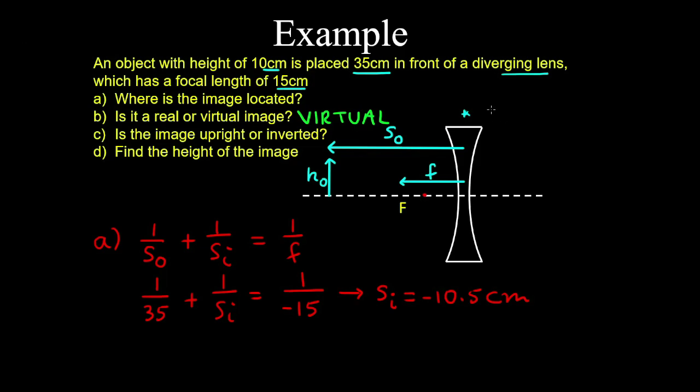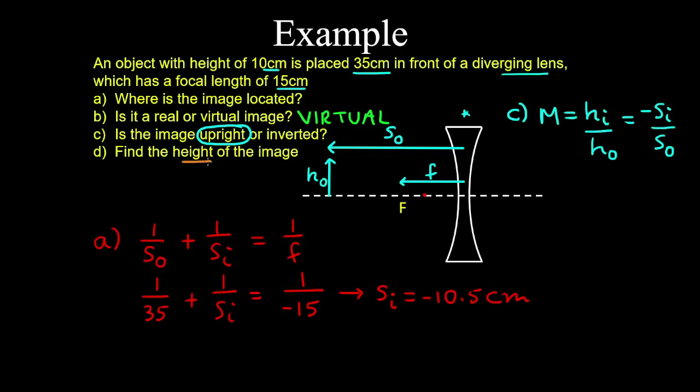To do that, we use the magnification equation, which is a ratio of the height of the image to the height of the object, being equal to minus the distance to the image over the distance to the object. Because SI is negative, this ratio is positive, and therefore the image is upright.